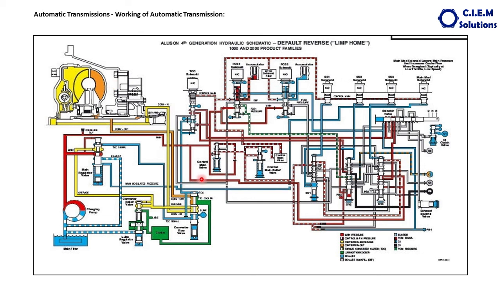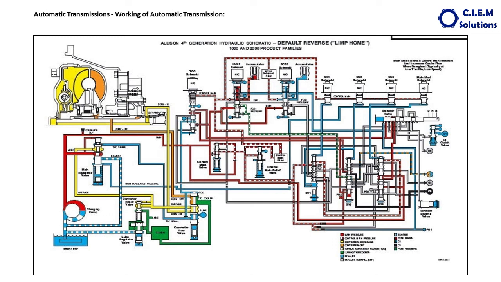Normally in automatic transmissions, for each set of gear speeds, that is first, second, third, fourth or fifth or reverse, two sets of clutches will be engaged to obtain the desired speed. This is normal practice, but may vary depending upon the transmission model.